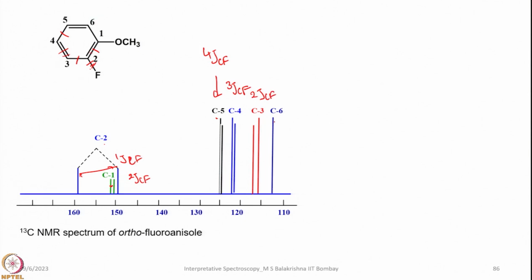That means if we have another NMR active nuclei, assignment becomes much more simplified just by looking into the magnitude and how far this nuclei is from the nuclei under consideration. We should be able to elucidate the structure very easily. This is how one can use other NMR active nuclei present in a molecule for better interpretation.